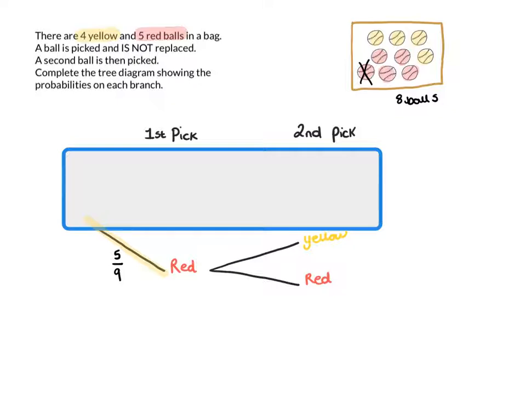But this time we took a red ball. So there are still 4 yellow balls left in the bag, but now there are 4 red balls. So the probability of picking a yellow after picking a red is going to be 4 over 8. And the probability of picking a red after picking a red is going to be 4 over 8.